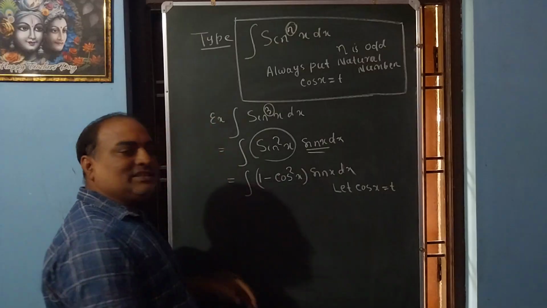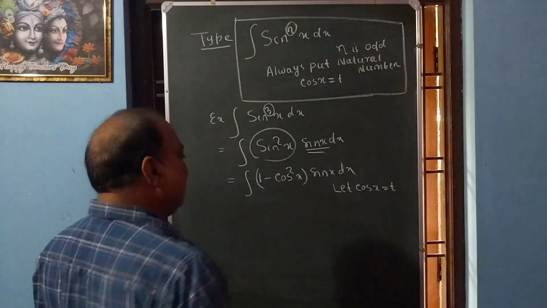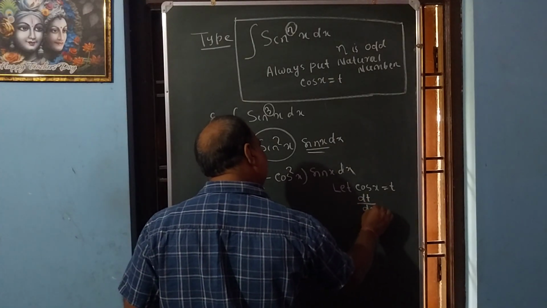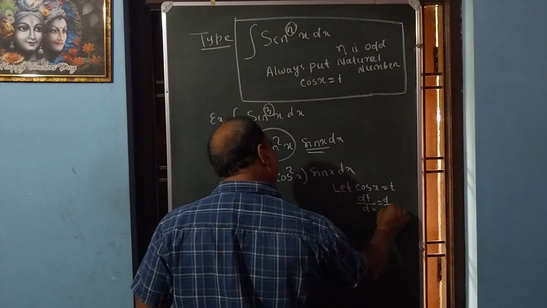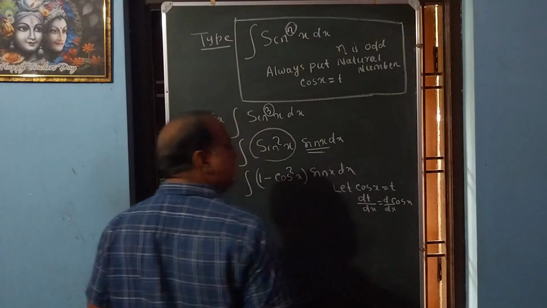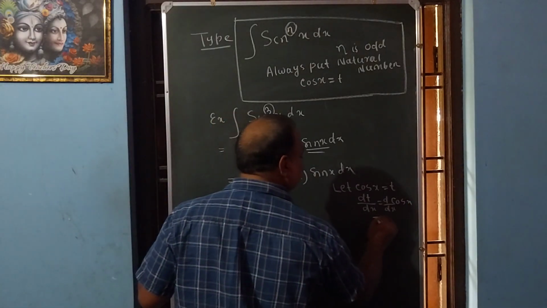Once you take this, you have to differentiate on both sides with respect to x. So we get dt by dx is equal to d by dx of cos x. You know that the derivative of cos x is equal to minus sin x.